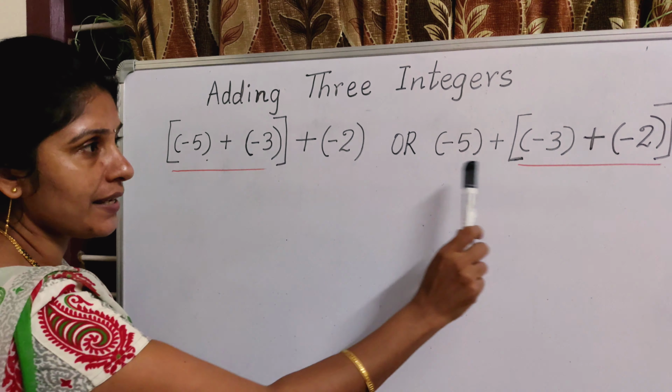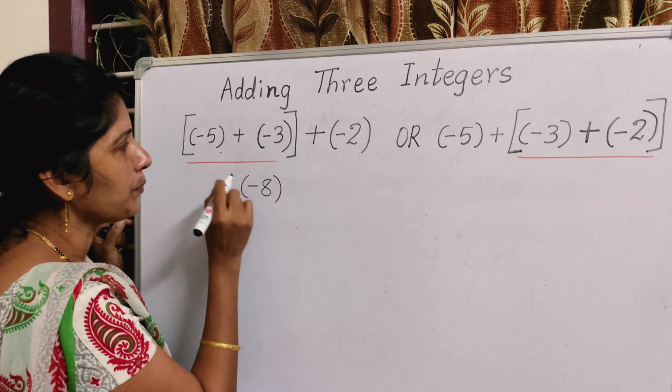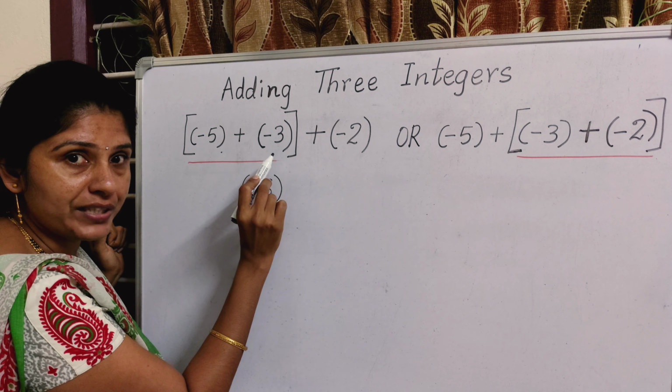Let us solve the left hand side. First let us add minus 5 and minus 3. Minus 5 plus minus 3 is equal to minus 8, because both the integers are negative integers, so add them and keep the same sign in the answer.